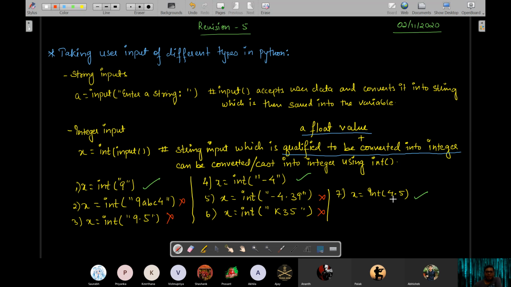So if you give a purely float value as an argument in the integer, or a string from which, when quotes are removed, only integer is left, then in these two cases only it will work. Even in the string if float is contained, which does not qualify as an integer, then after removal of quotes, if you do not get a pure integer form, then it will give you error.